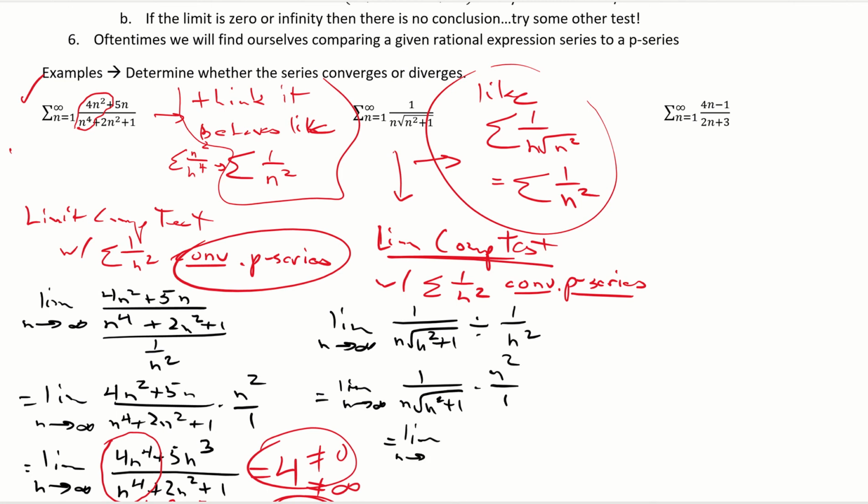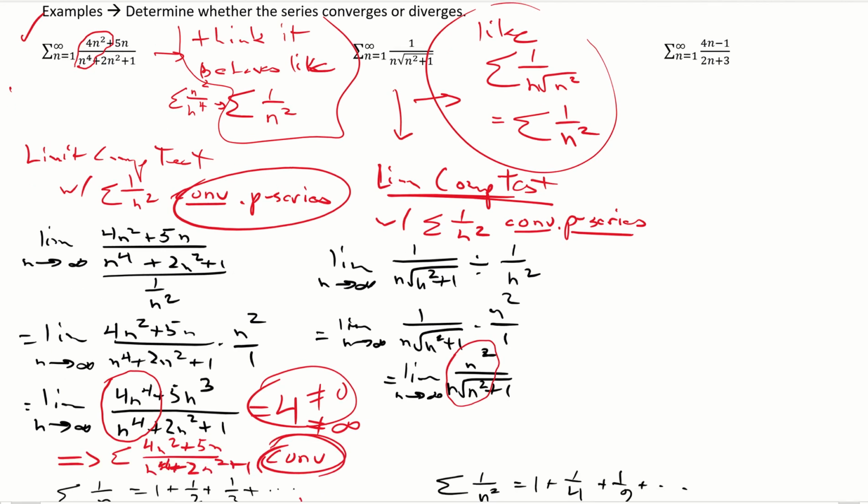Now this limit here with a radical bugs people: n squared over n square root n squared plus 1. But in my class, since we're dealing with positive numbers, you don't have to worry, like in Calc 1, is it positive, is it negative. You just look at the powers, and the powers match, don't they? It's n squared over n squared, so this limit actually is 1.